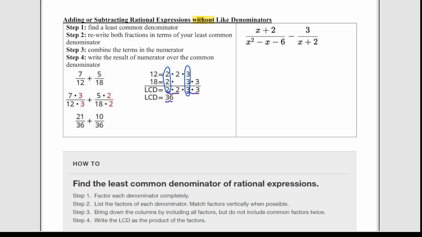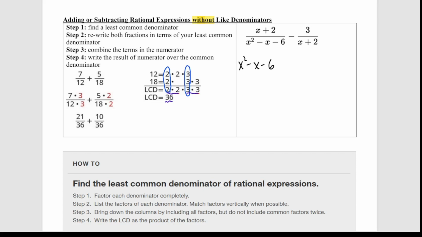You can do the same thing with rational expressions. So what you're going to want to do is totally factorize both of those denominators. So if I factorize x squared minus x minus 6, that's going to factor into x minus 3, x plus 2, because negative 3 times positive 2 gives us negative 6, our last term, and negative 3 plus 2 gives us negative 1, our middle term.